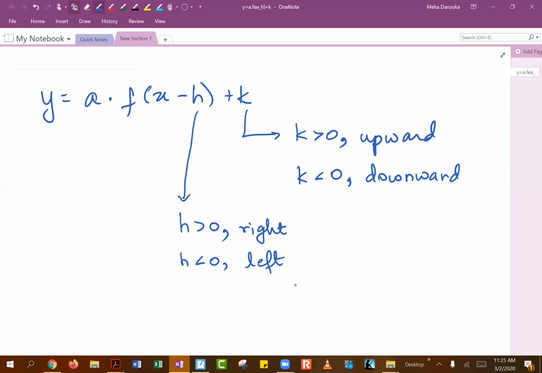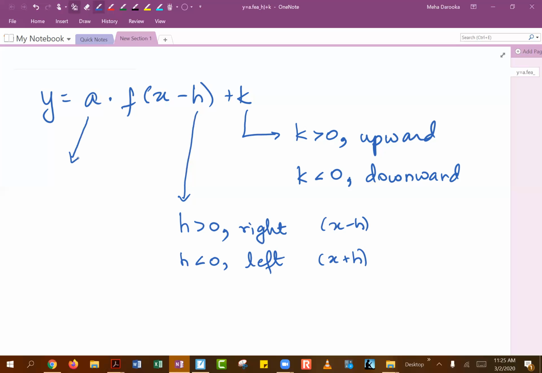So when h is positive, you will actually see x minus h, or whatever that number h will be. But if h is negative, that parentheses ends up becoming a positive. So you will have x plus 3. That means 3 itself is a negative number. So for the h value or the horizontal translation, you always go with the opposite sign.